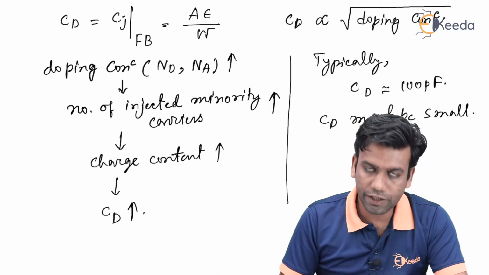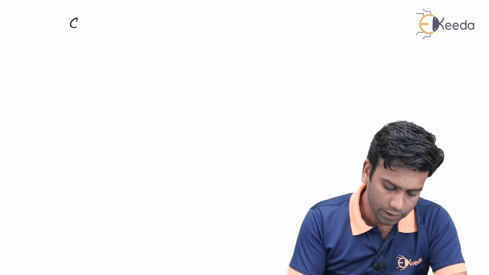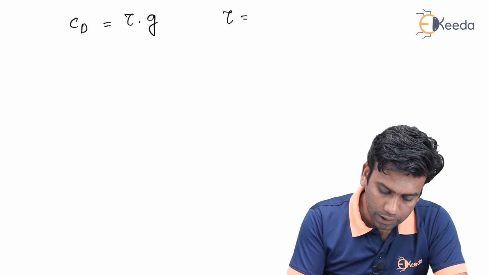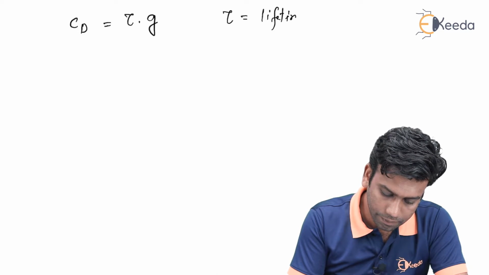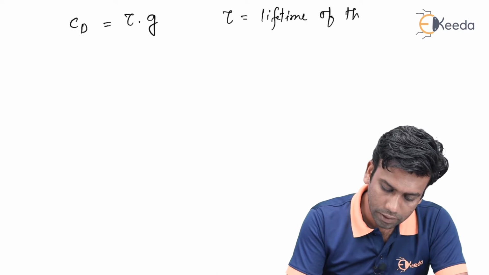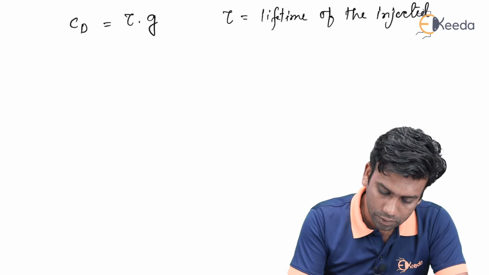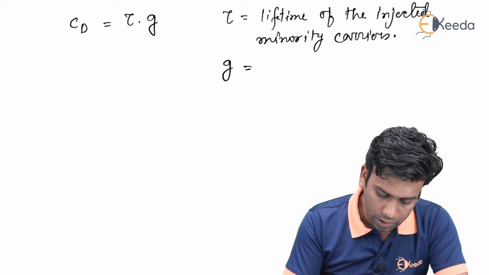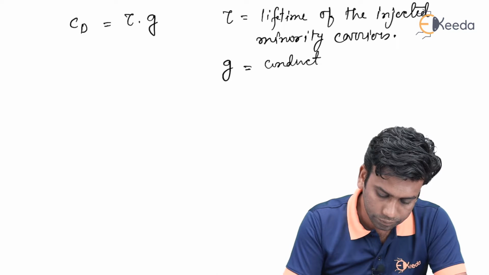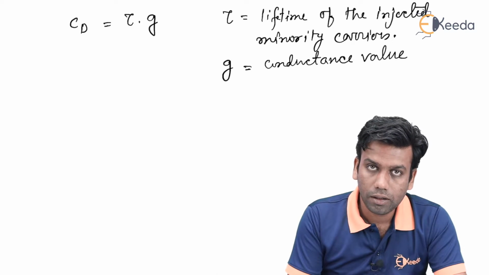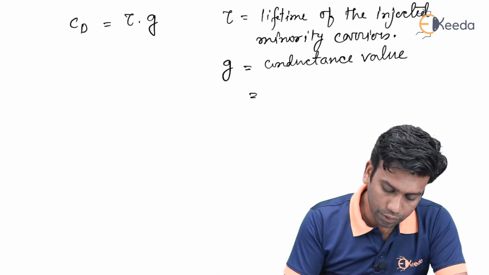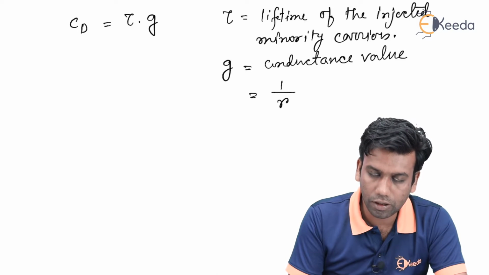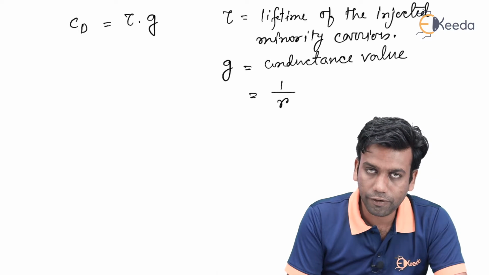The C D value is defined by this equation: C D is equal to tau into G, where tau is the lifetime of the minority carriers, that is the injected minority carriers, and G is the conductance value in the forward bias section, and we know that G is nothing but the reciprocal of the small r, that is the AC resistance of the diode in forward bias.